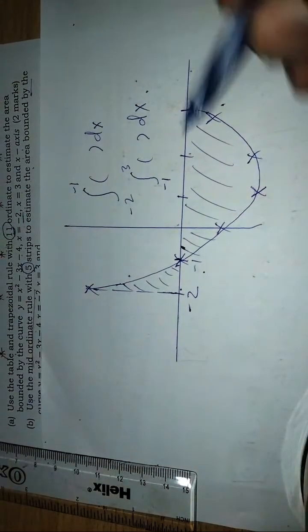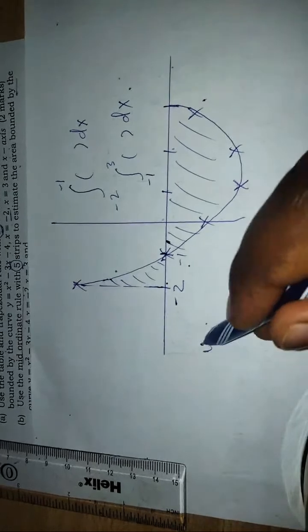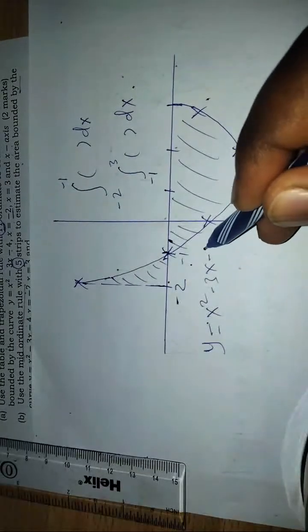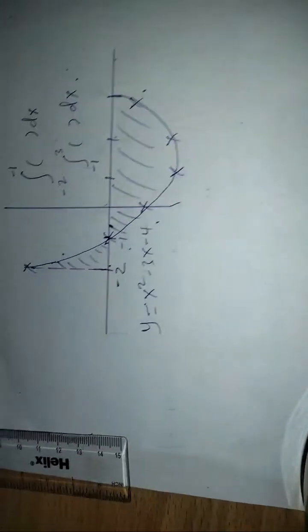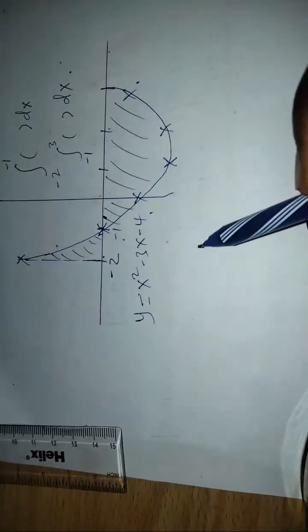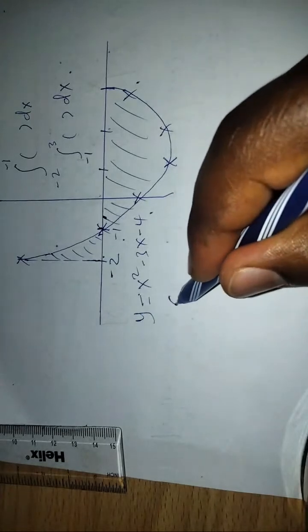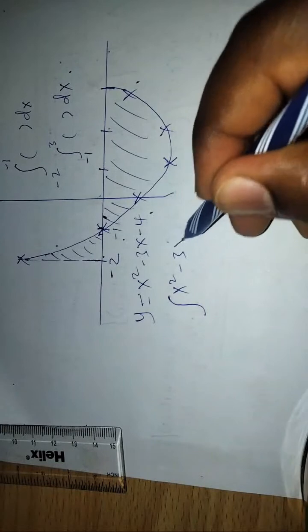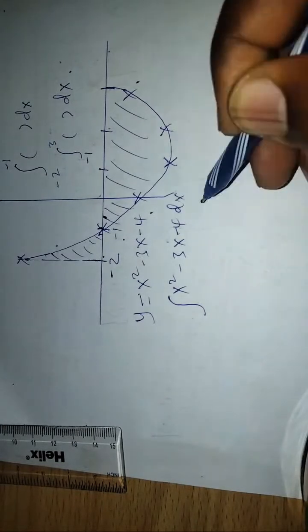The curve is y equals x squared minus 3x minus 4. So let me carry out the first integration, or simply the integration of this curve. The integration is going to be of x squared minus 3x minus 4 with respect to x.